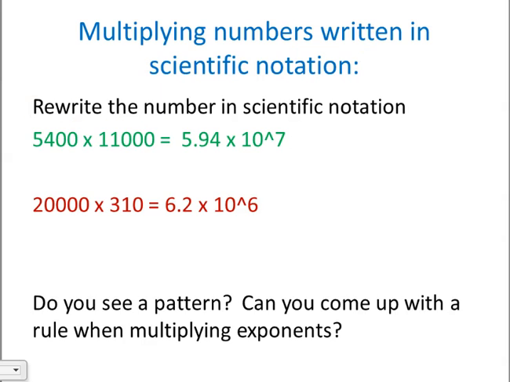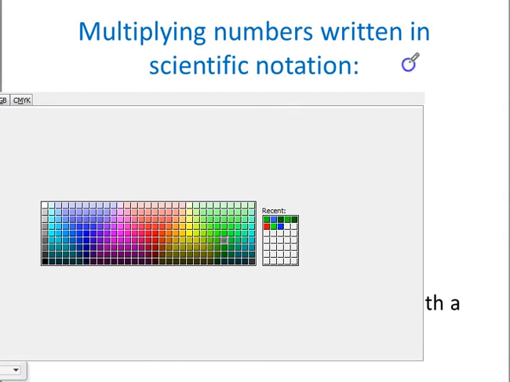So here, what I've done is I've just written two numbers in standard notation, and then when we multiply these two numbers together, what the answer would be in scientific notation. So let's rewrite these two numbers that are not in the green in this first equation. Let's first start with rewriting these numbers into scientific notation. So to do that, let's do that in green, make that match.